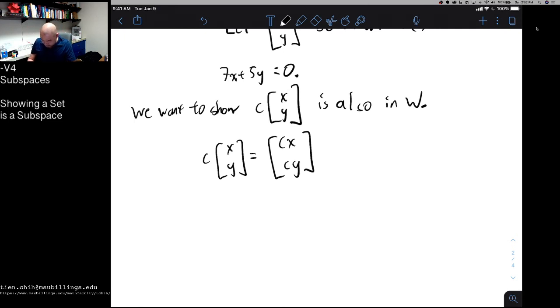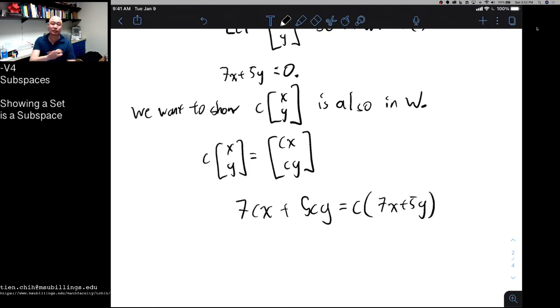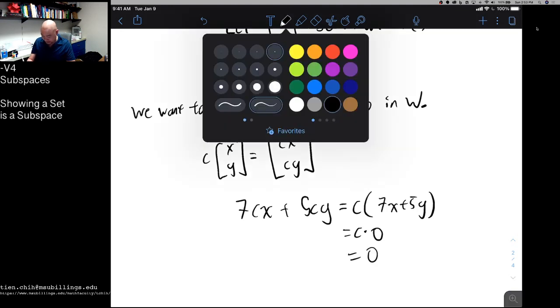So we take 7 times the x value plus 5 times the y value, and I don't know that that's 0 yet. But I do know that I can factor out a c and have 7x plus 5y, which is perfectly fine. And then I note here, oh, I've already established that that's 0. So this whole thing is c times 0, which is 0.